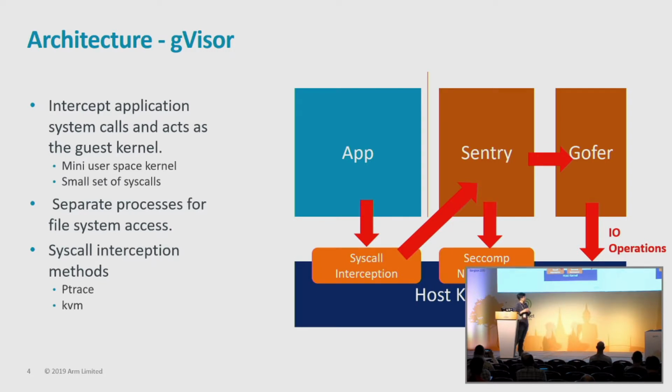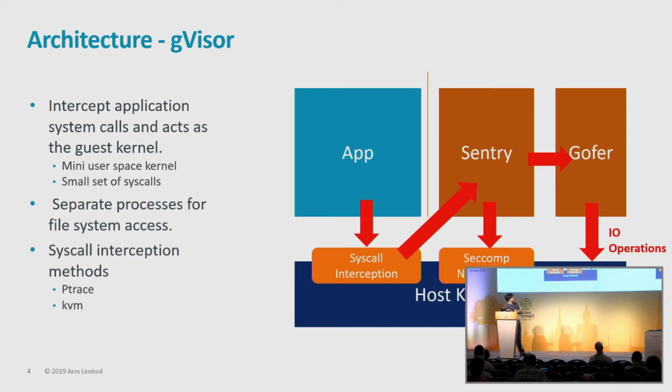The Sentry module includes two parts. One is a user space kernel, and another is the isolation platform. And the Gofer module is designed to be responsible for all the file system I/O operations to ensure strong isolation.